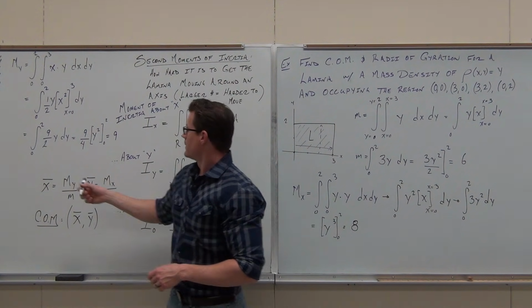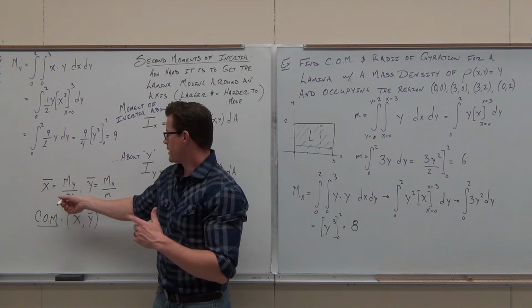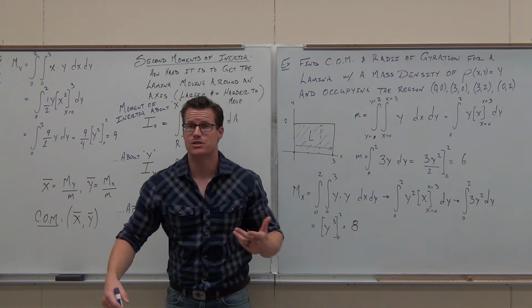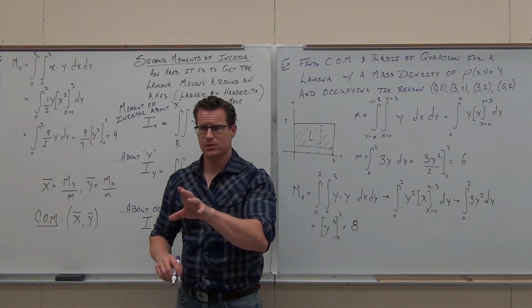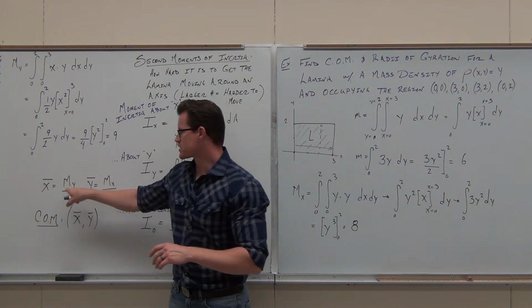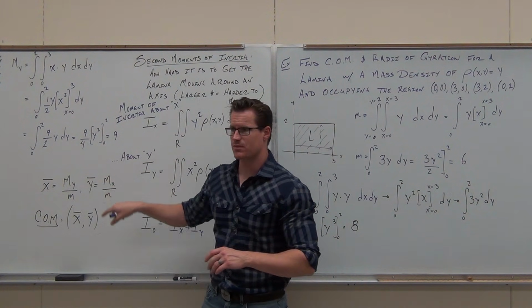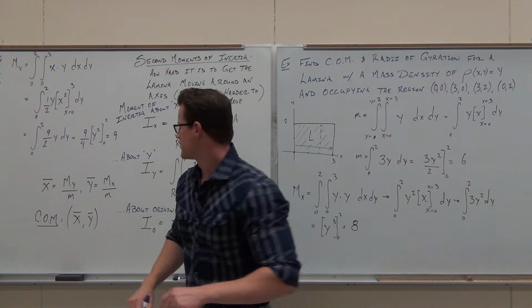Now, let's see what we needed. We needed m sub y over m, and m sub x over m. We have those things. So what I want you to do right now on your own, can you please find the x coordinate for the center of mass and the y coordinate for the center of mass? It should just be dividing numbers.